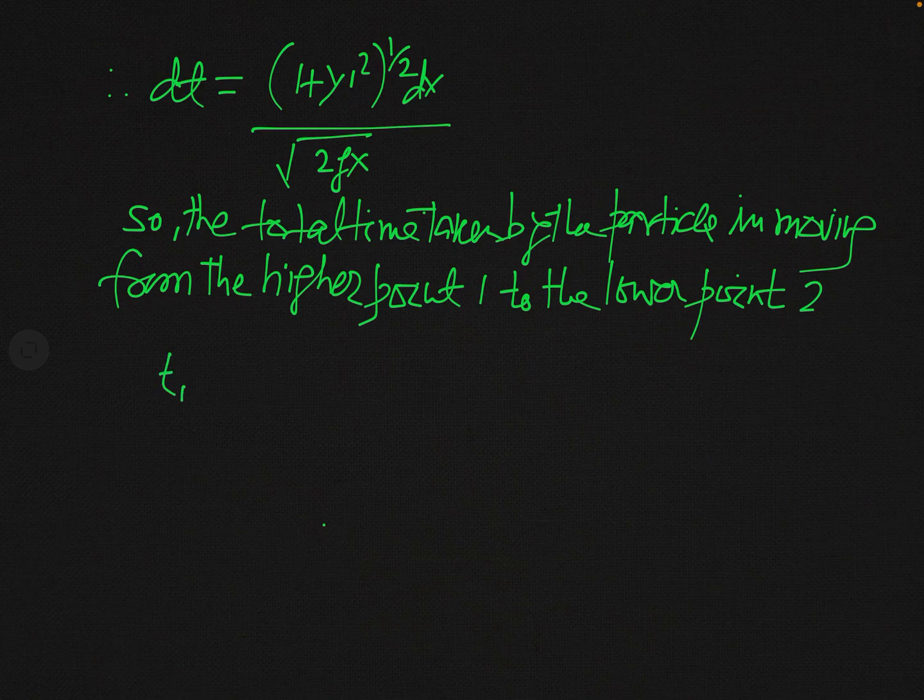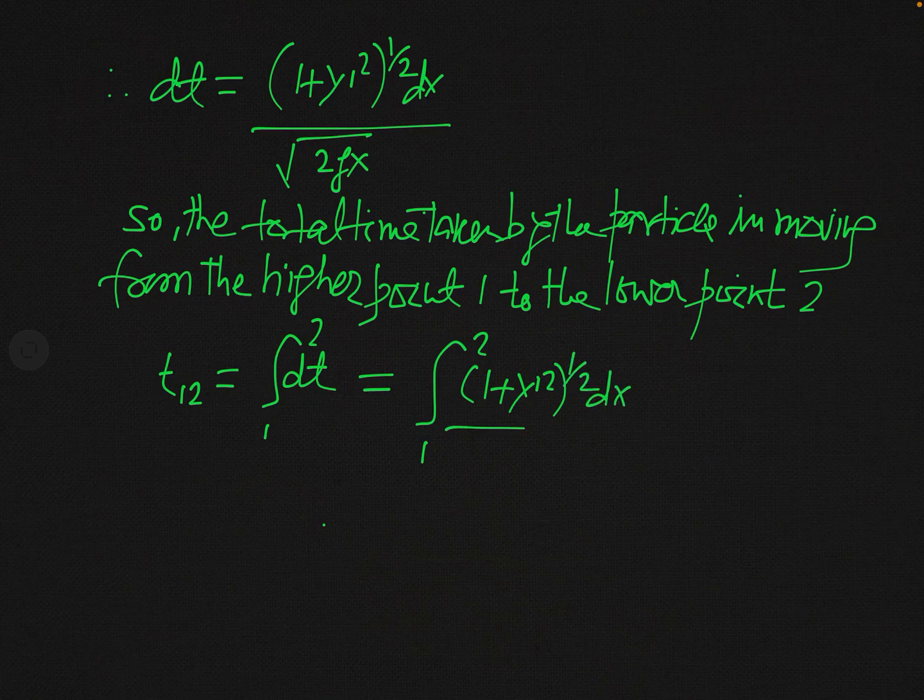You can say that if we denote this time by t12, then this will be simply integral of dt from 1 to 2, and that will be equal to integral from 1 to 2 (1 plus y prime square) whole to the power half dx over root over 2gx, and you can write this equal to integral from 1 to 2 f of y prime, x dx.